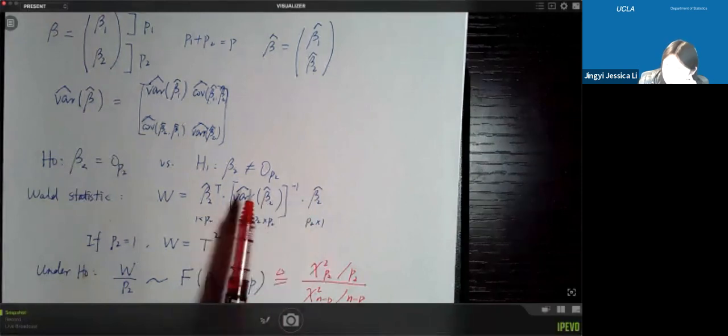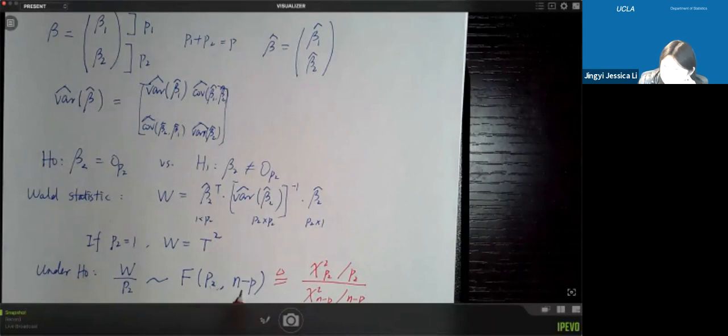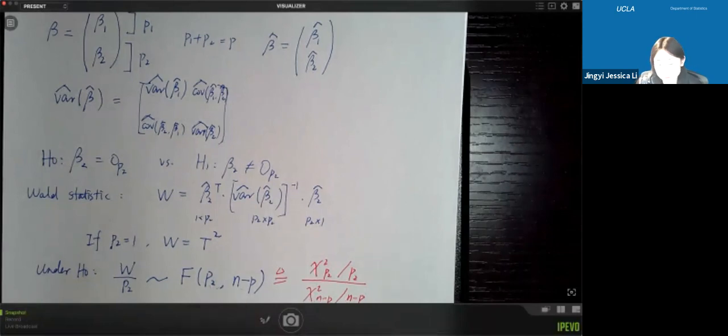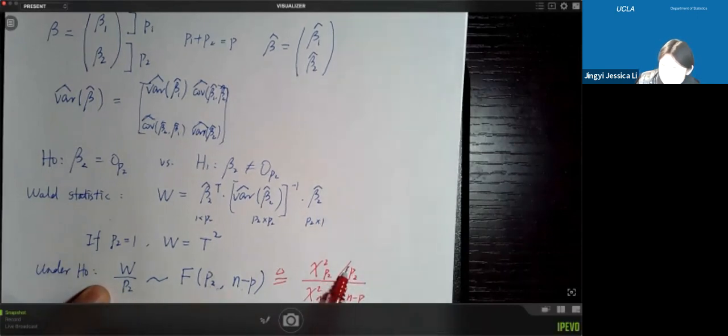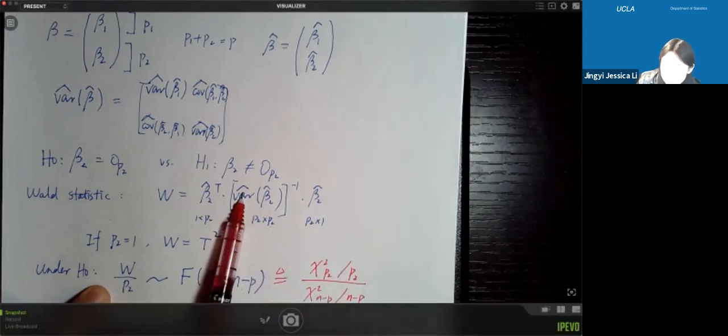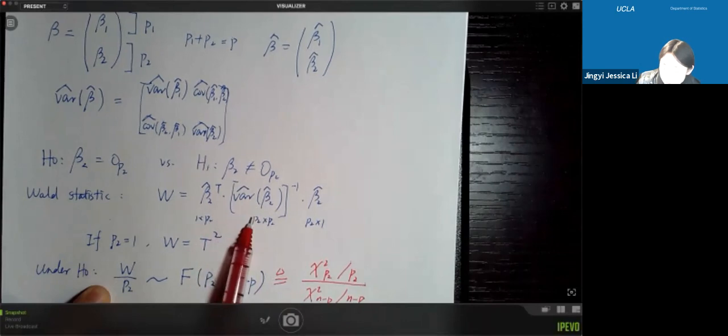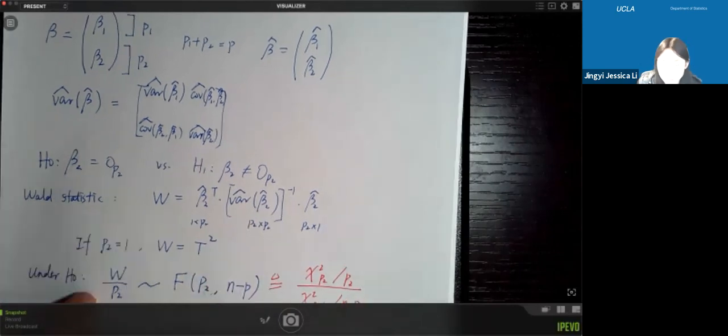That can help you understand why we have P2 as the first degrees of freedom and n minus p as the second degrees of freedom. Also, this division by P2 is because we need to divide by degrees of freedom. It's not there yet. While in the denominator, because the definition of sigma square hat involves a division by n minus p, we've already satisfied this.